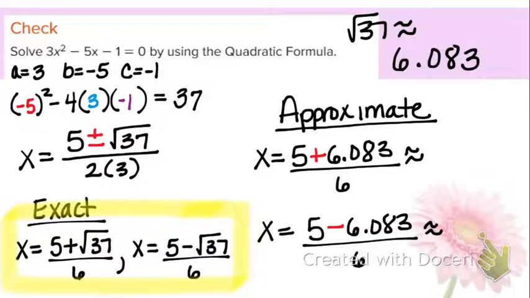Now remember, if you're using the yellow calculator, there is a button that says N/D that you can use to put a fraction bar in. So if you want to use that button, you can. So when I add 5 plus 6.083 and I divide that by 6, my first answer was 1.847.